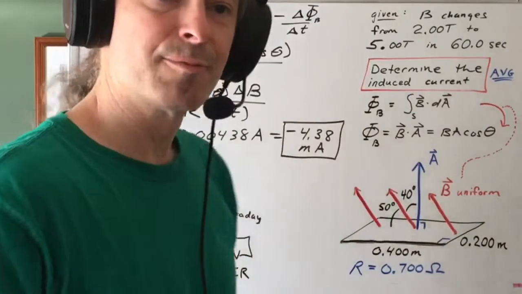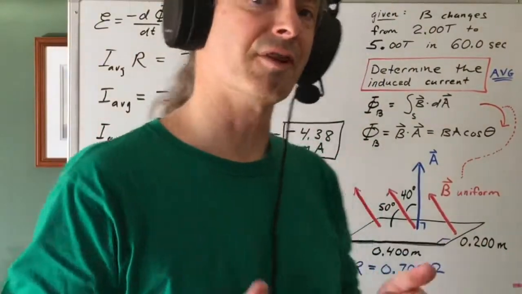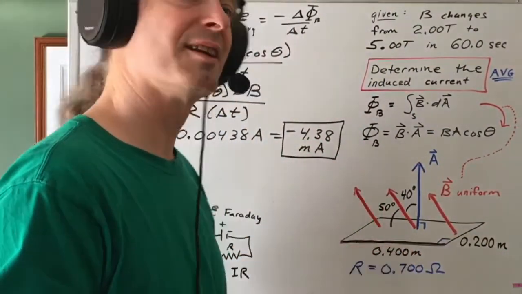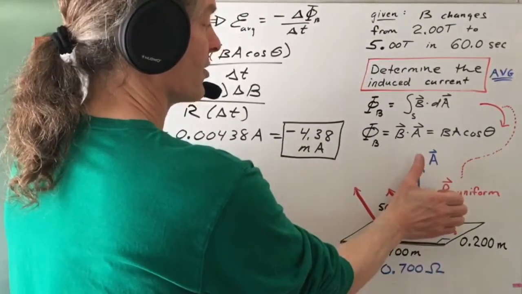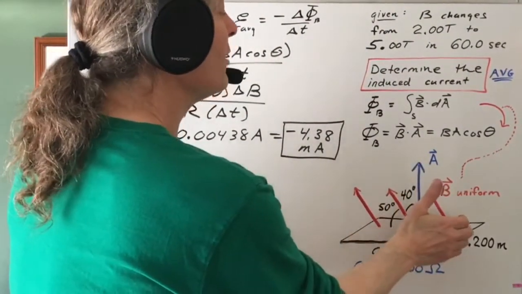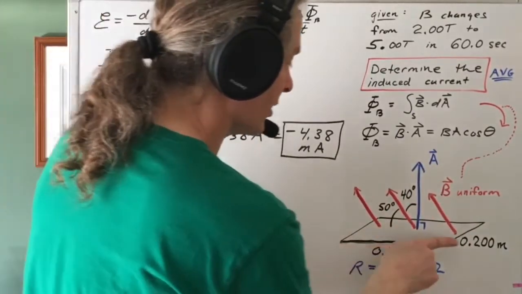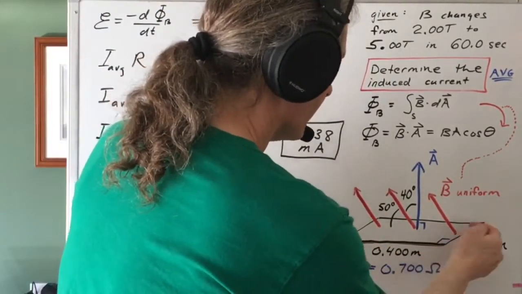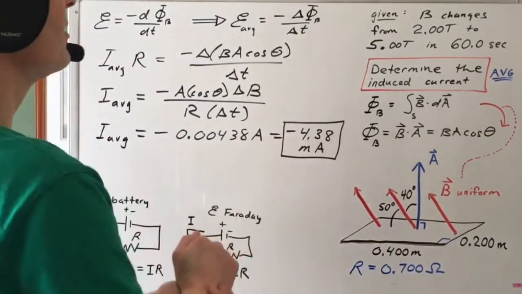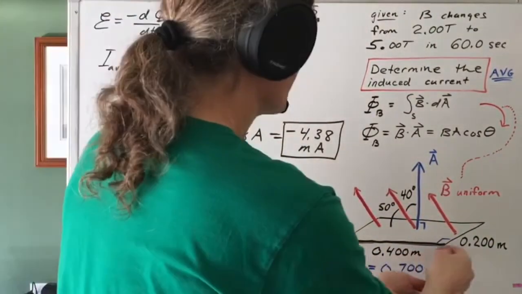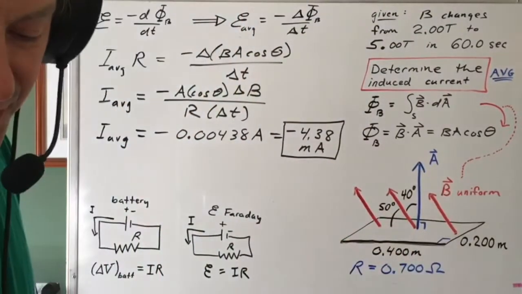That would also be the direction of a positive current. If the current were positive, it would be going across the front and then left across the back and around. But my current came out negative, so my current must be going the other way. So I can represent that as follows.